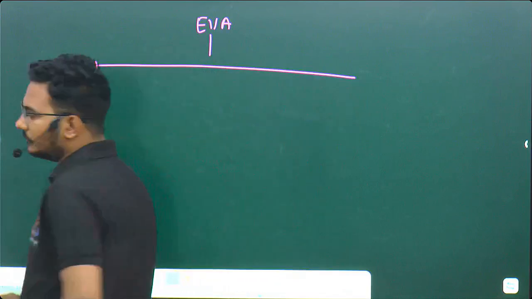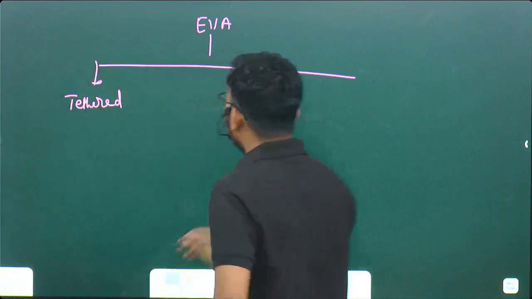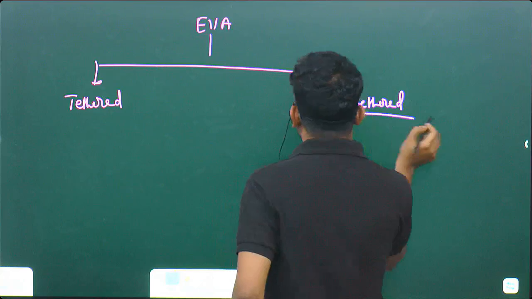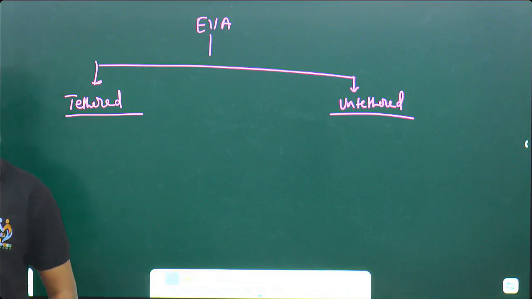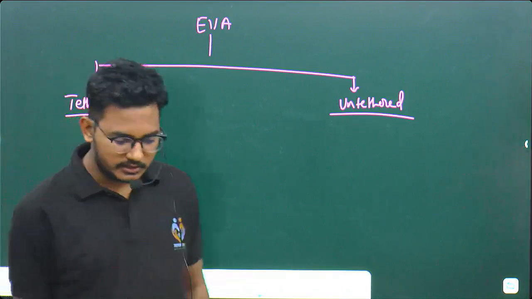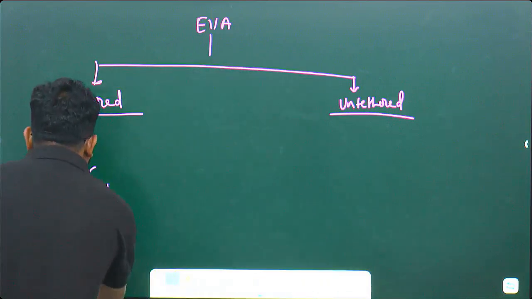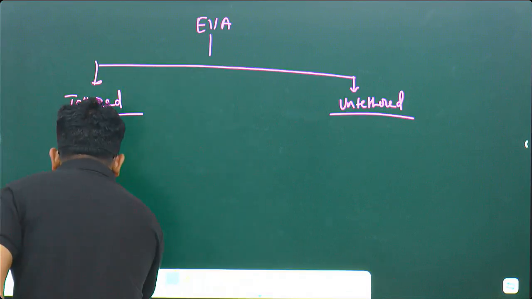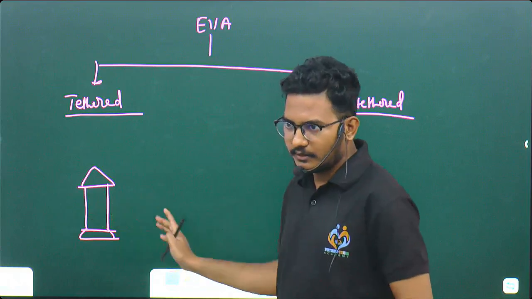One is tethered, and the second one is untethered. What is tethered? See, in the movies you might have watched, let's say this is a vehicle, and from the vehicle some astronaut is coming out.